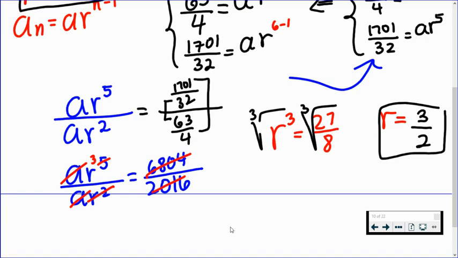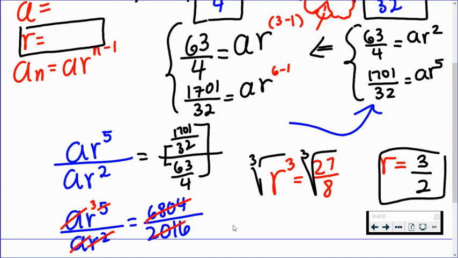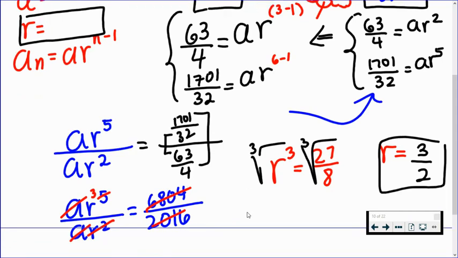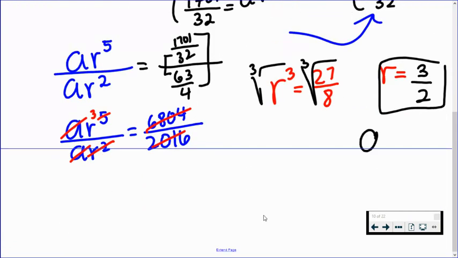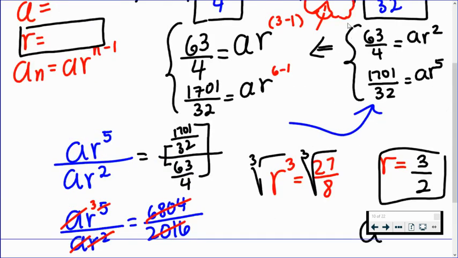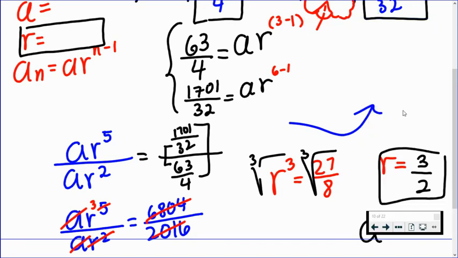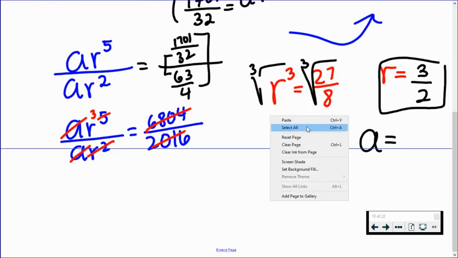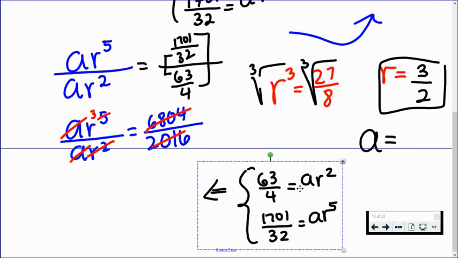Once I have the R, my job is to find A, because I need A as well. So what I'm doing is I'm going to take one of the original forms from the top, one of the original components, and plug in the information that I have.